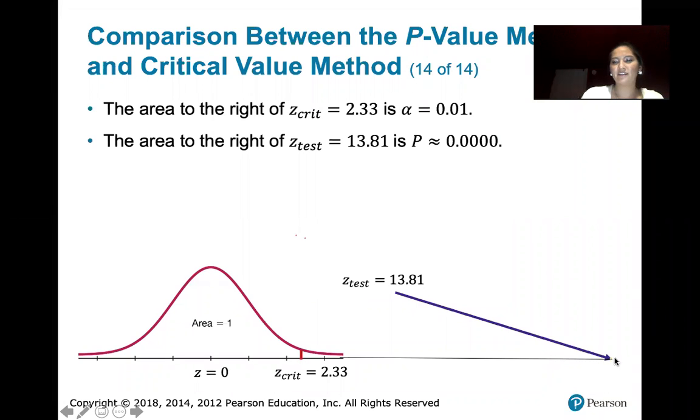It's so far out in the tails, so it's like some tiny, tiny area over there. So you have to imagine that this standard normal distribution is being continued all the way out. Oops, it's hard to draw. But we want the area below that all the way out here, and it's nearly 0. When we used Excel to calculate P, it just had so many zeros. I don't even remember how many zeros it was.